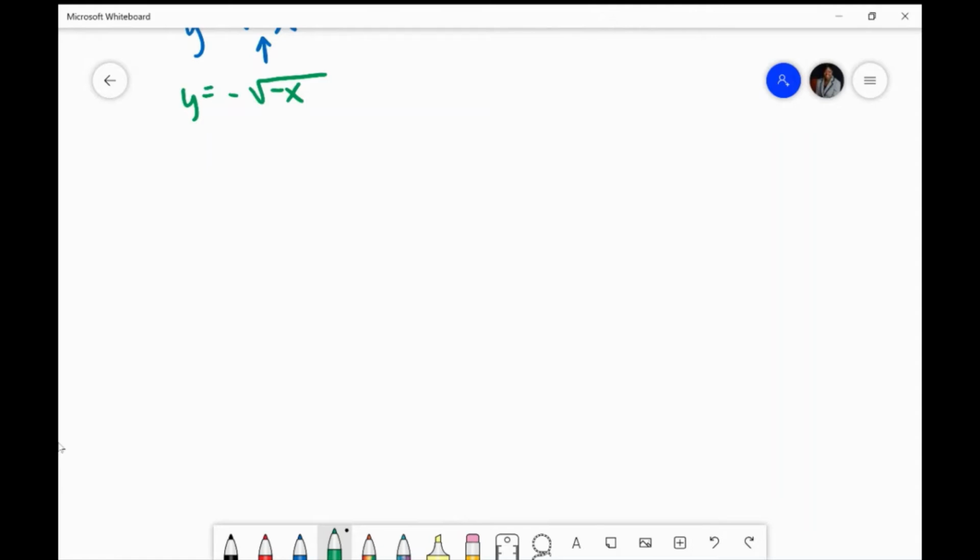The parent function is f(x) equals x squared. The first part I got right: it moved down 3 units, so I end up with y equals x squared minus 3. Yep, it moved down, so that's x squared minus 3. Now this other graph.